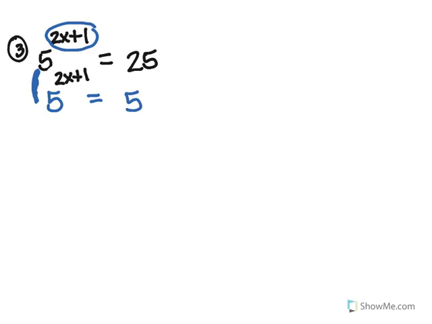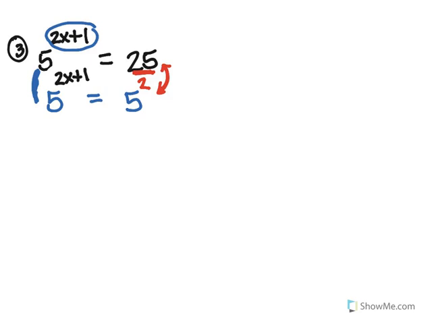Now on the right side this time, there's the 25. So I would need to raise 5 to the second power in order to get 25. Does that make sense? This is what I'm trying to do. I would need to raise 5 to the second to get 25.